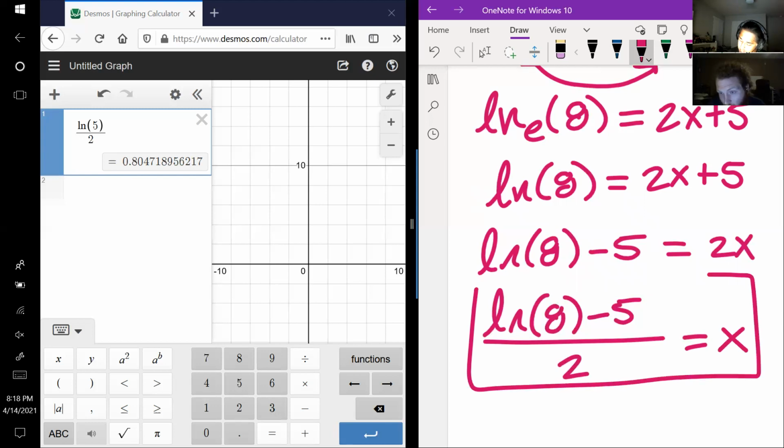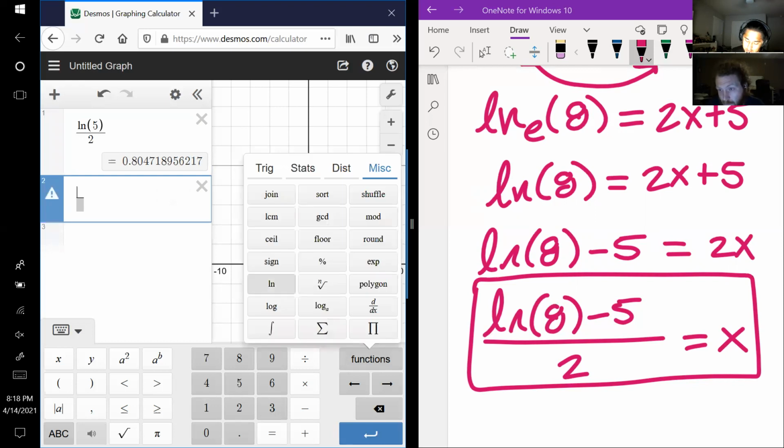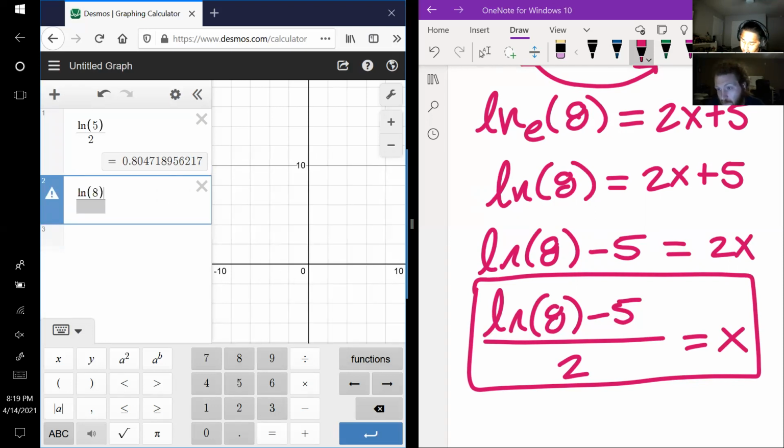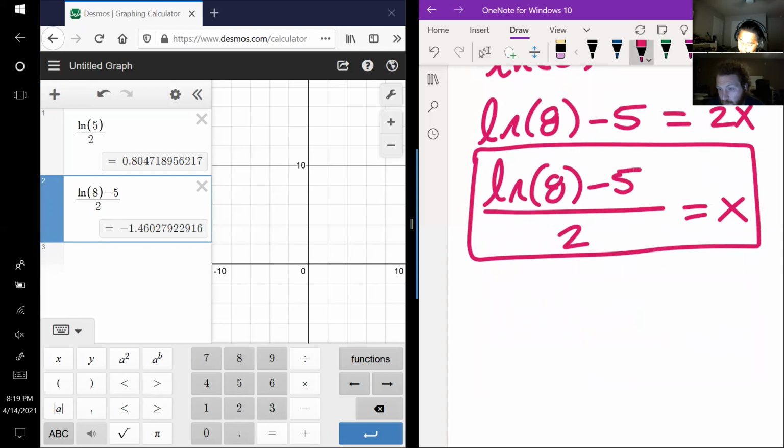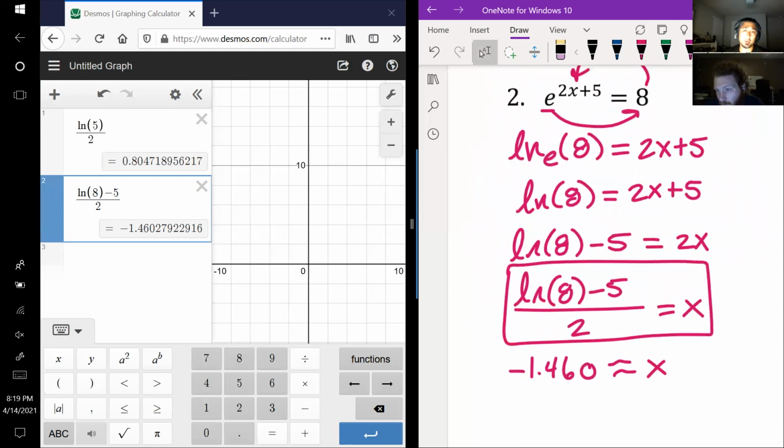Again, a great answer, but if we want a decimal number, then I'm going to have the natural log of 8 minus 5 over 2. And we get negative 1.460 is approximately x. Okay. Any questions on those two so far?